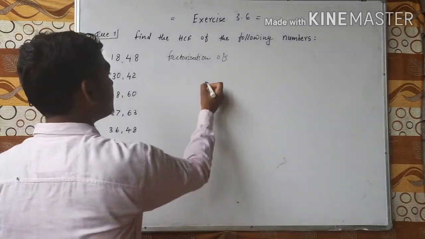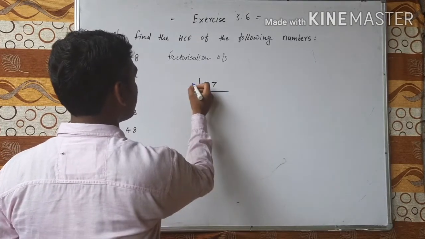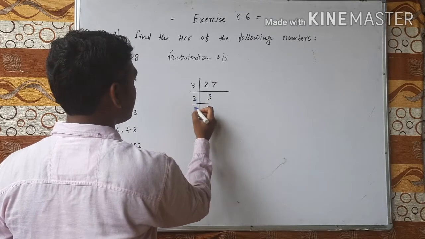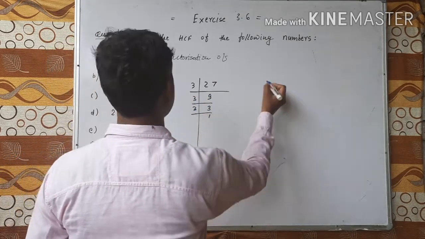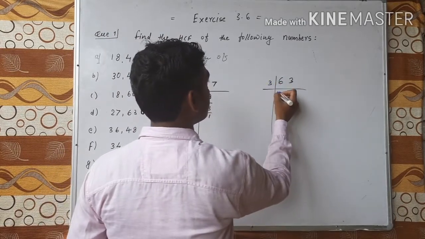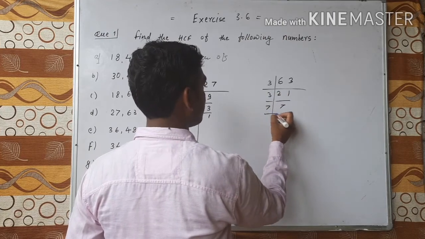27 and 63. 27 again by our division method: 3 9 times, 3 3 times and 3 1 times, and 63 is divisible firstly by 3, 3 21 times, 3 7 times and 7 1 times.